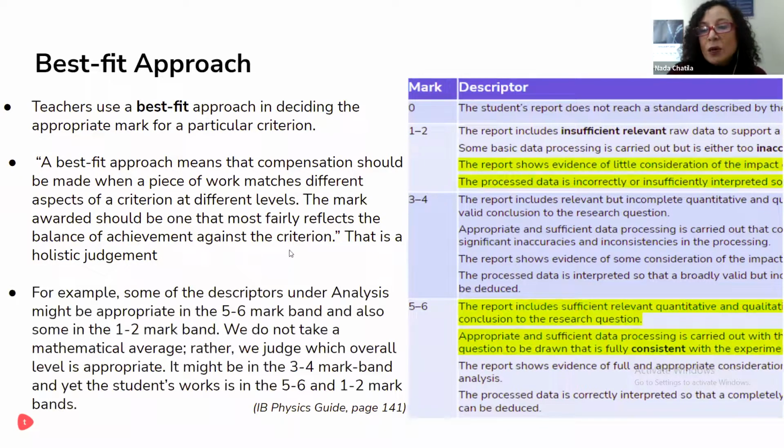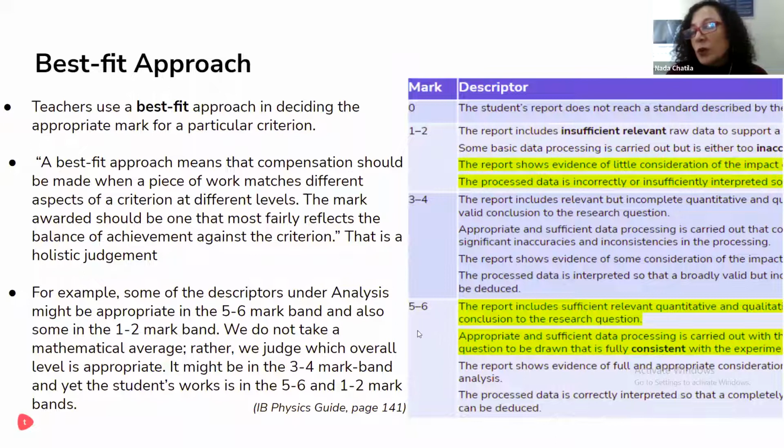For instance, we may have a work where, and this is the analysis criterion, the first and the second descriptors are in the 5-6 performance level, whereas the third and the fourth descriptors may be in the 1-2 level. They are not adequately addressed by the student.